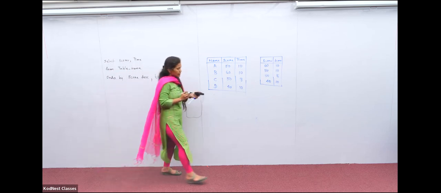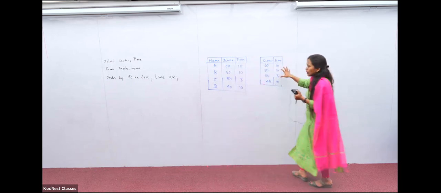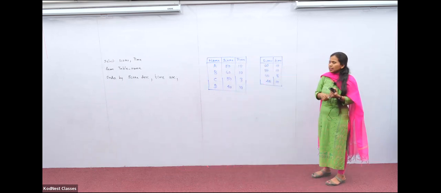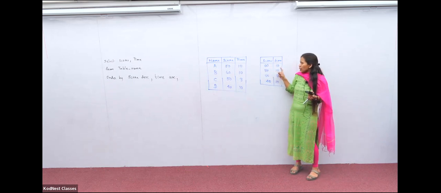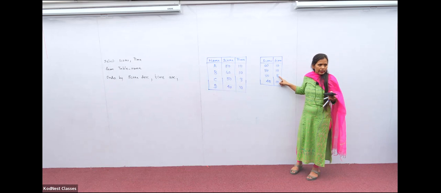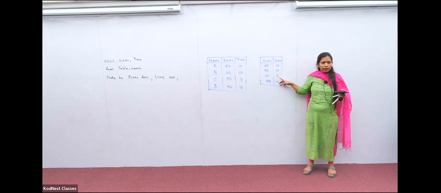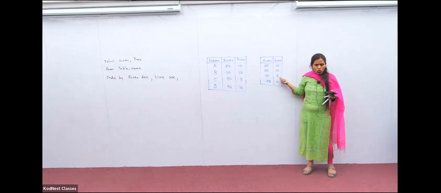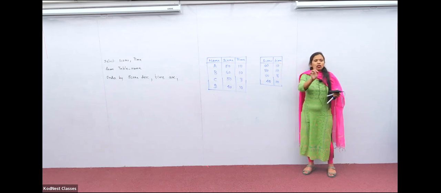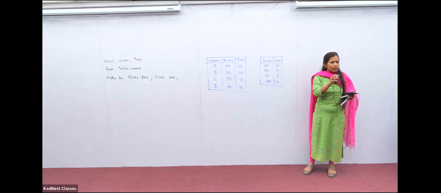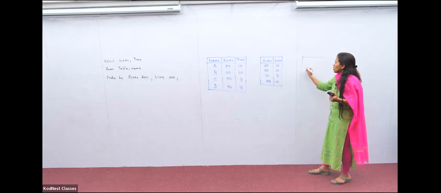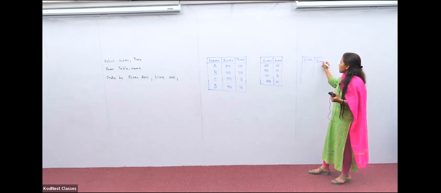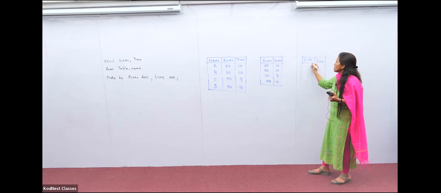Now, if you observe this table, those who have scored 60. And you might think, ma'am, since they have told secondary sorting on the time, 8 is the lowest value, so this should come first. That is not how it is going to happen. Rather, the output is going to be score and time like this.